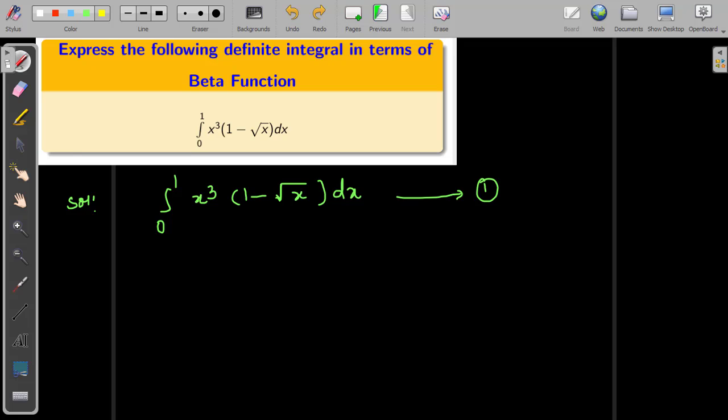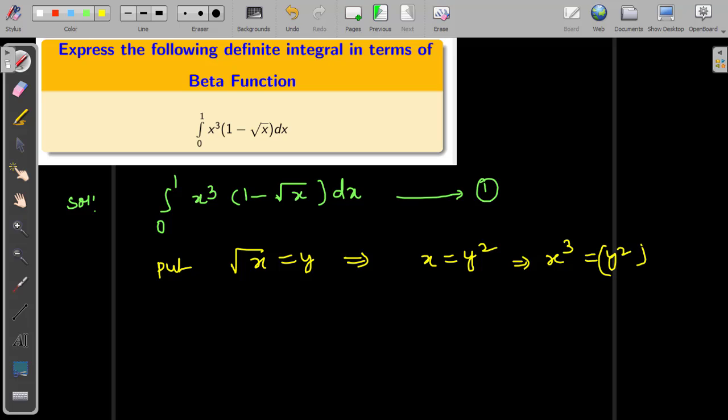So let us start here. Put root x equal to some y. Squaring on both sides, x equals y square. I want x power 3 also somewhere, so x power 3 means y square power 3, which is equal to y to the power of 6.